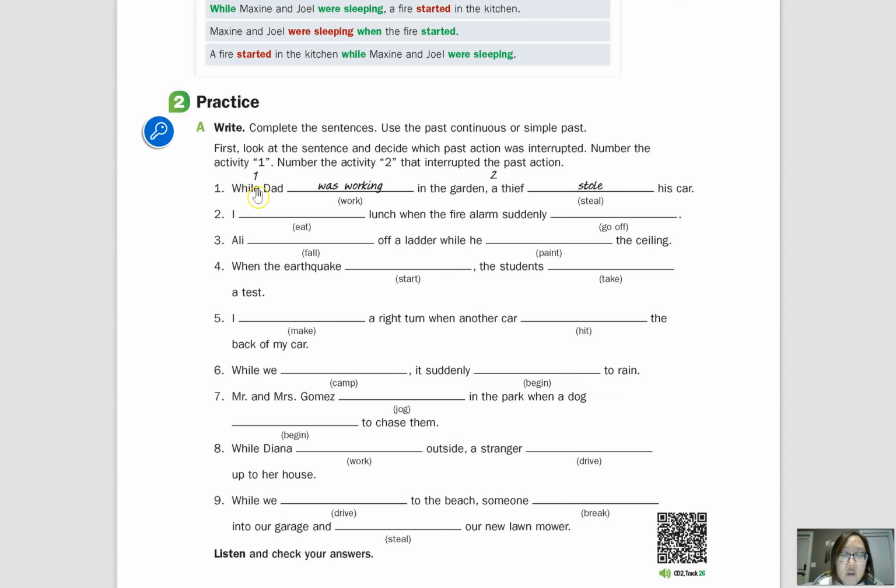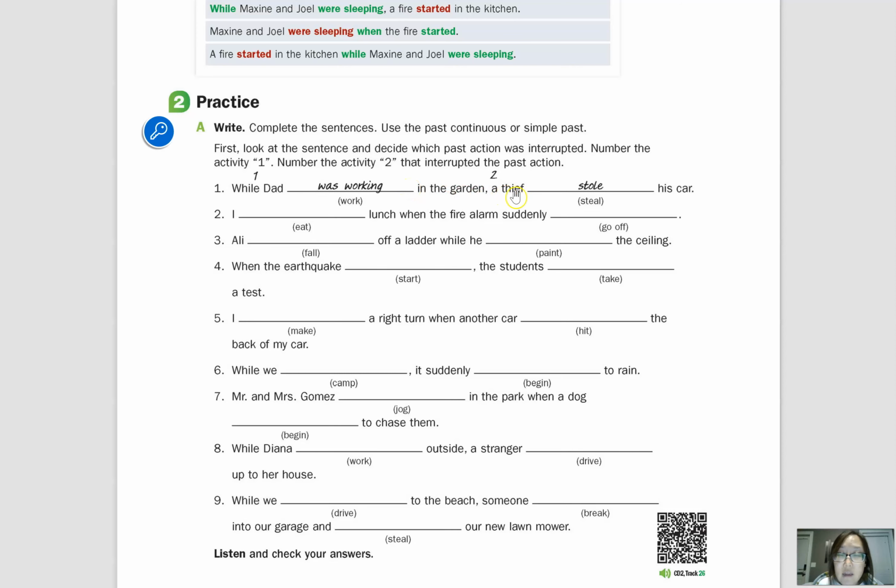So while is usually used with something that's still going on, or like a process. So Dad was working in the garden. This is past, but it was a process. It was ongoing. So while Dad was working in the garden, that's why we use while with the past continuous. And then while this was happening, something interrupted him.